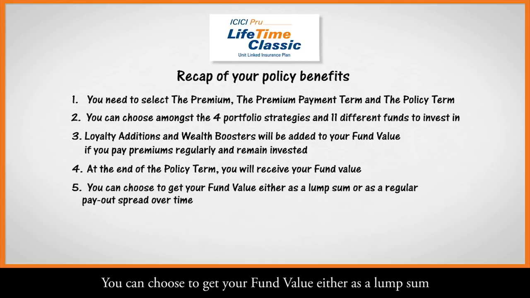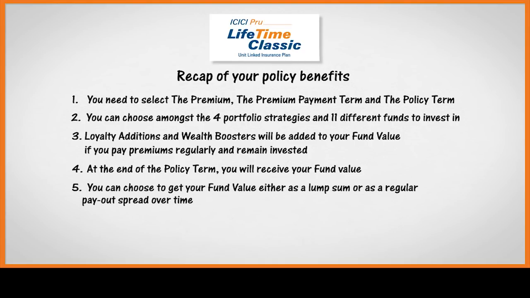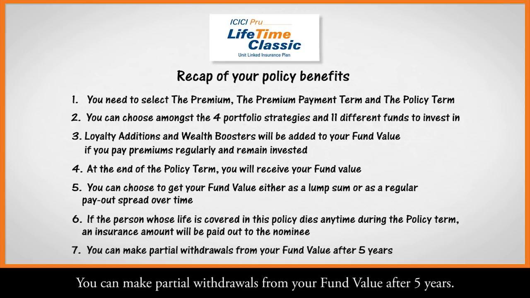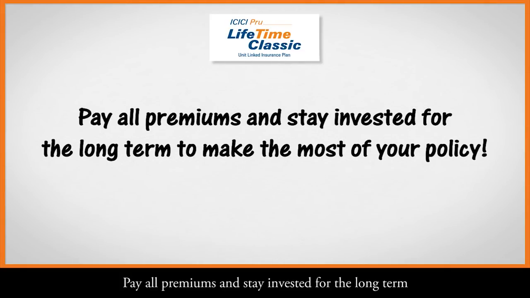You can choose to get your fund value either as a lump sum or as a regular payout spread over time. If the person whose life is covered in this policy dies anytime during the policy term, an insurance amount will be paid out to the nominee. You can make partial withdrawals from your fund value after 5 years. Pay all premiums and stay invested for the long term to make the most of your policy.